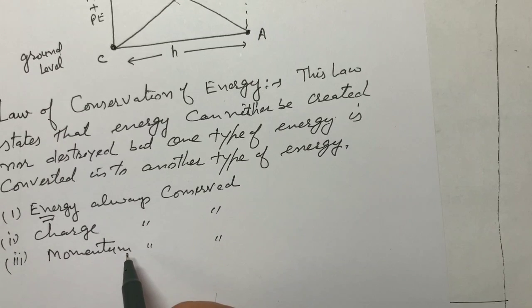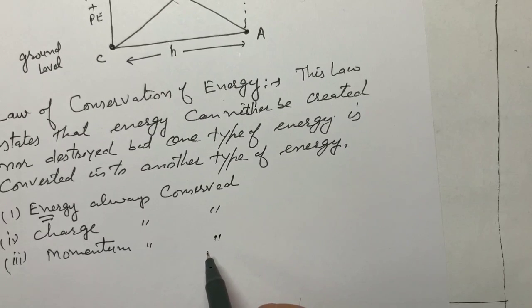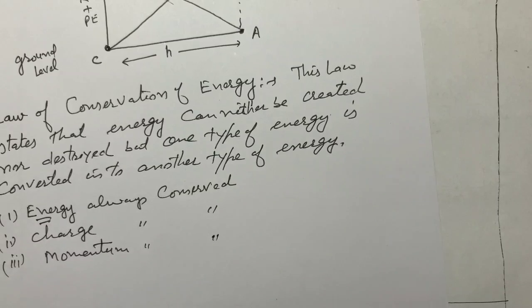Law of momentum means the total momentum of a body is always constant, always conserved. Rocket propulsion is based upon the law of conservation of momentum.